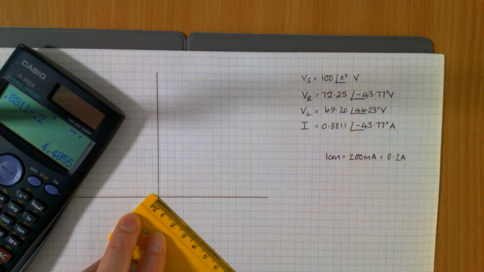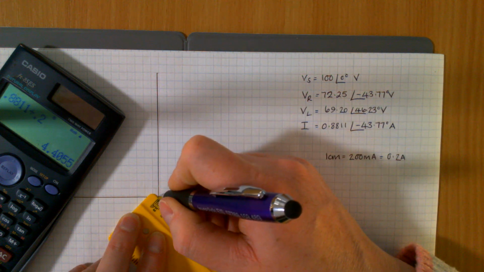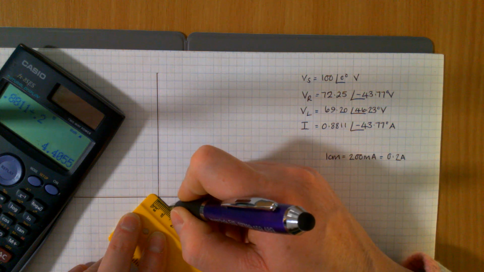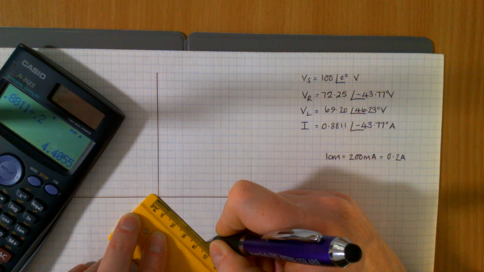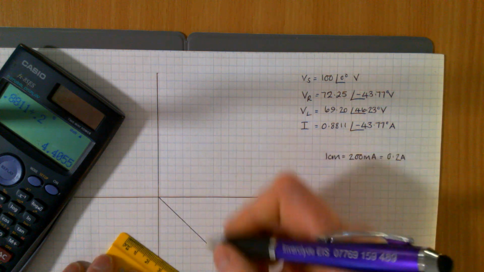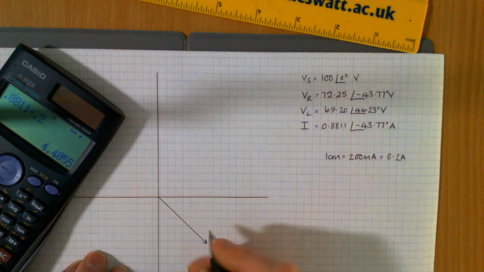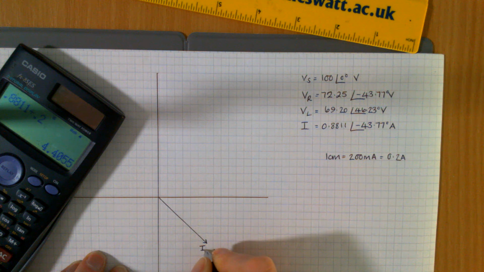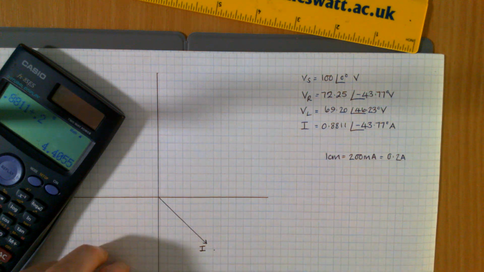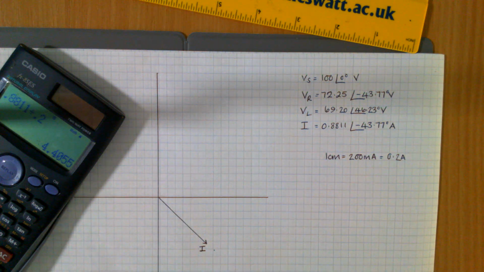You'd need to either convert them into rectangular form and add them up to check, or draw your phasor diagram. I quite like the phasor diagram because it kind of gives you exactly, and that kind of suits my brain. So that's my current phasor down there.